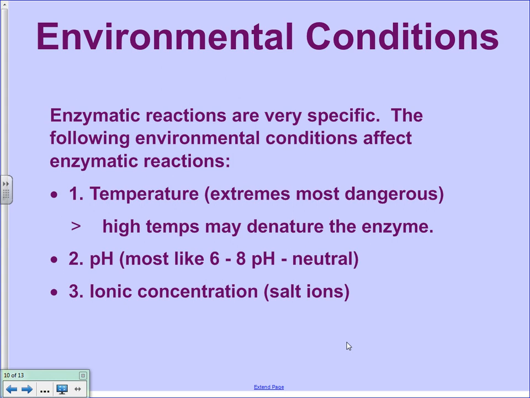If something falls to be too low in pH or too high in pH, it can greatly affect that enzyme's productivity, and same with ionic concentrations. An excess of salt ions, for example, a very saline environment, can also affect how enzymes function. And remember homeostasis, one of its important jobs is to keep this within optimal ranges for proper enzyme activity.